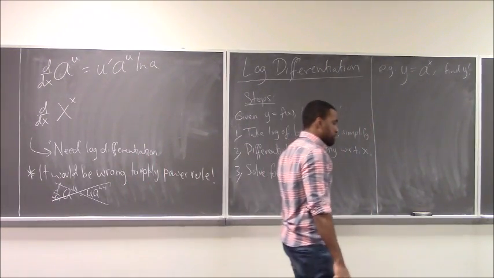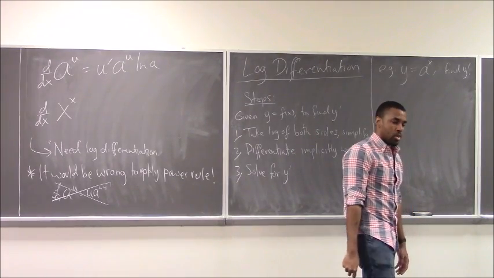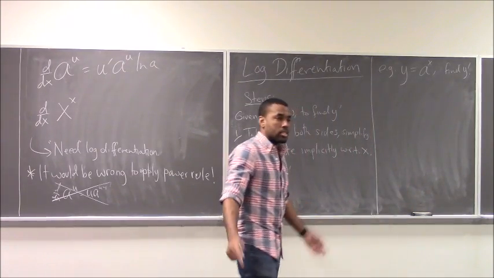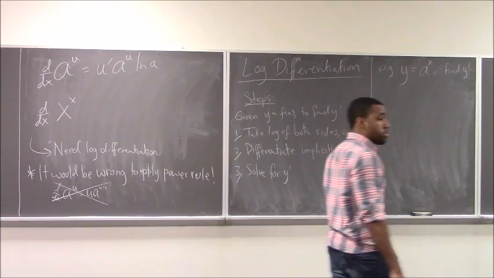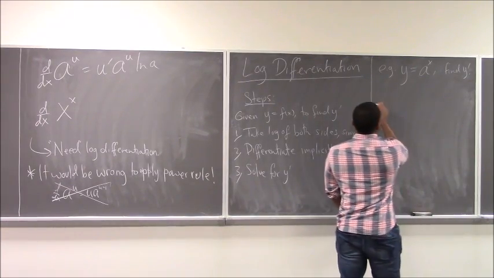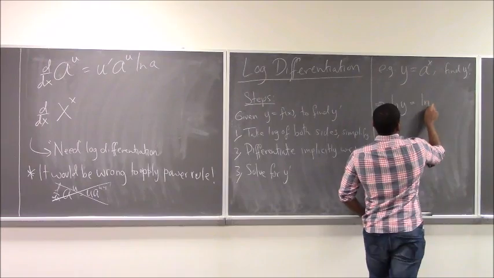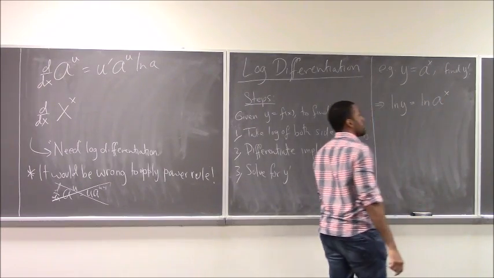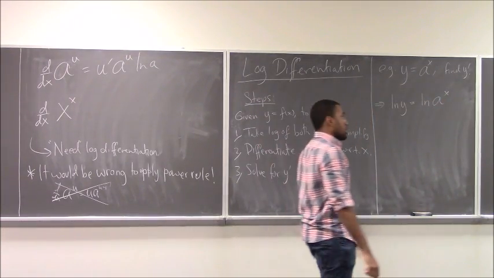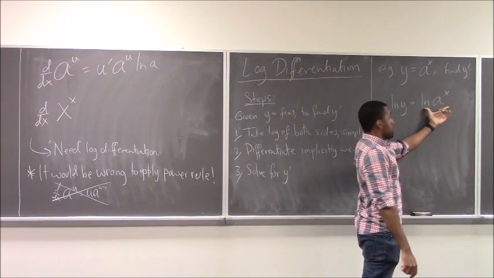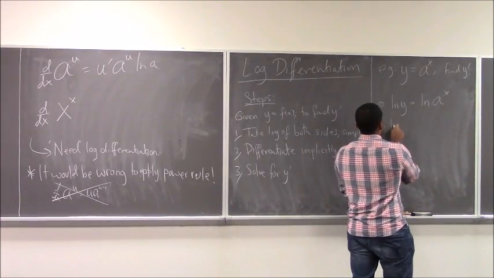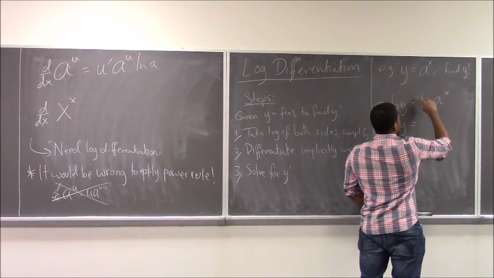So the trick is, let's try to get rid of that power. And you ask, how do we get rid of powers? Logs is how we get rid of powers. Logs can turn powers into multiples. So step 1 of what I would do is I would take ln of both sides, and then I would simplify. The log will allow me to simplify this side. That x I can take down and flip.